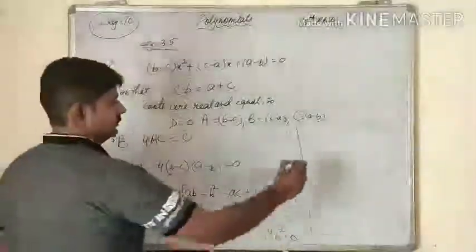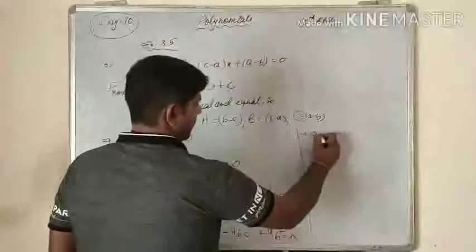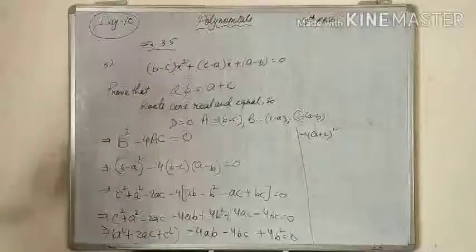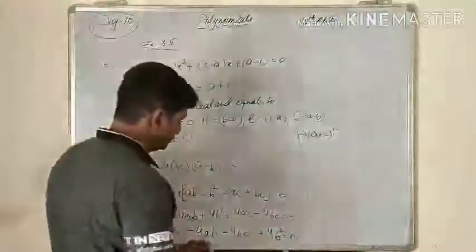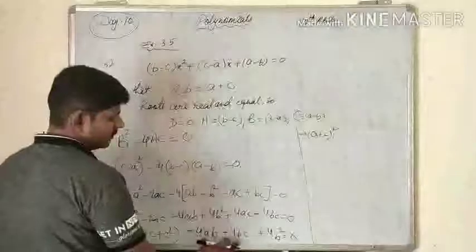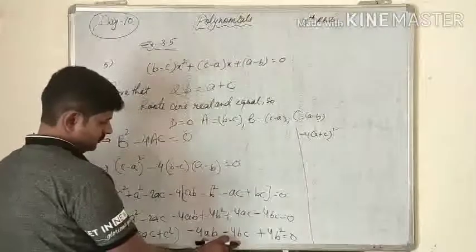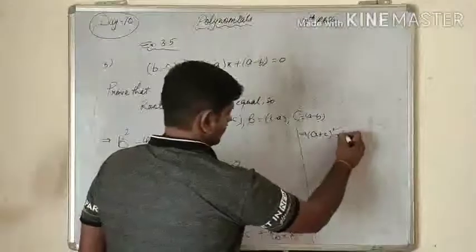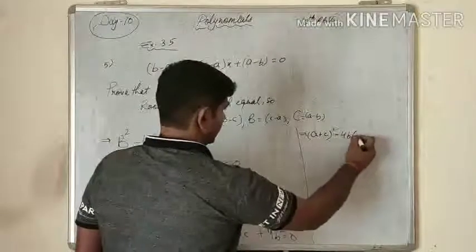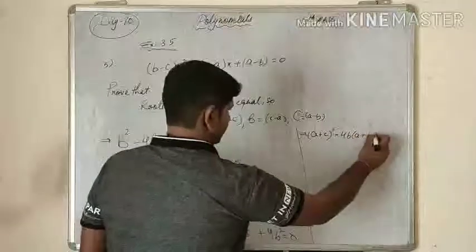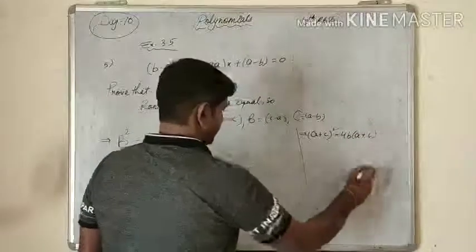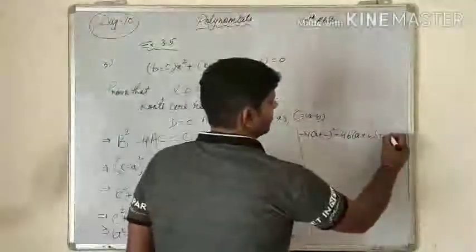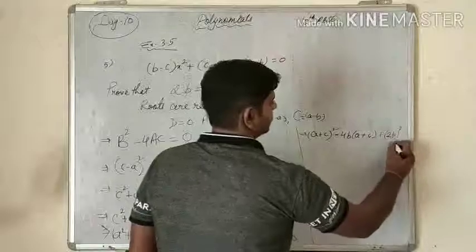It will be a plus c whole square, because this is a square plus 2ac plus c square, plus, and here I'll take 4b minus 4b I take common, so there will be a plus c left. And there is 4b square which can be written 2b whole square.